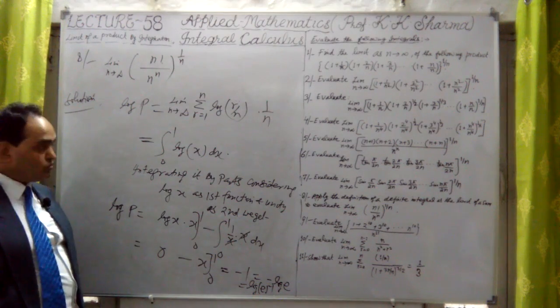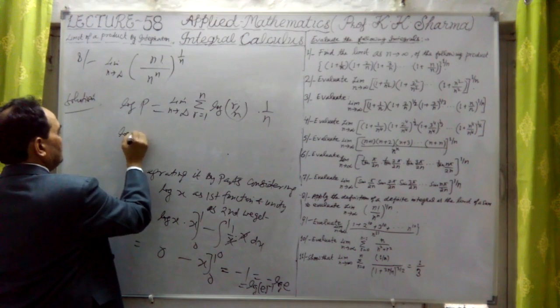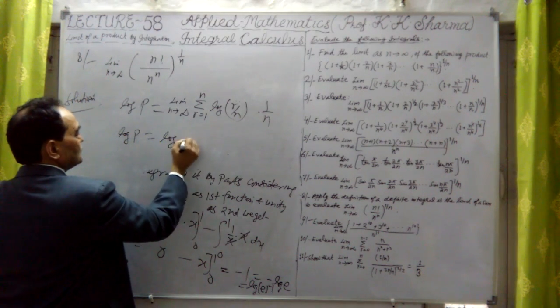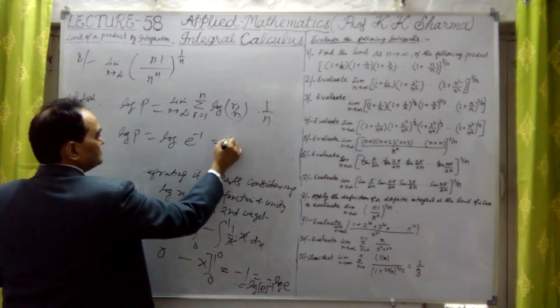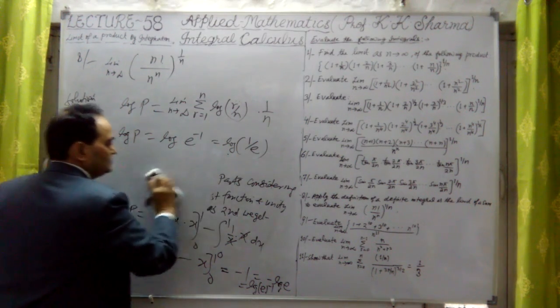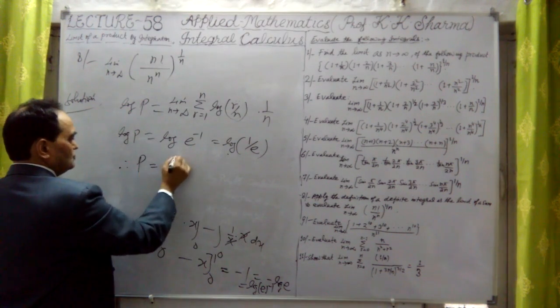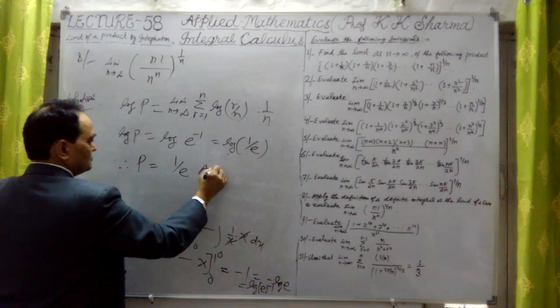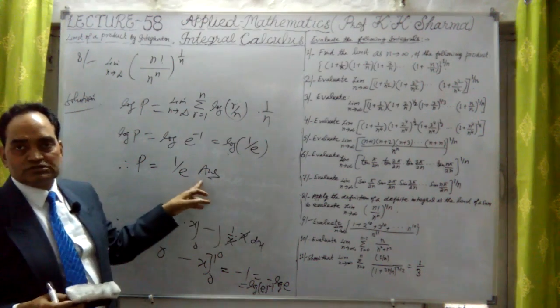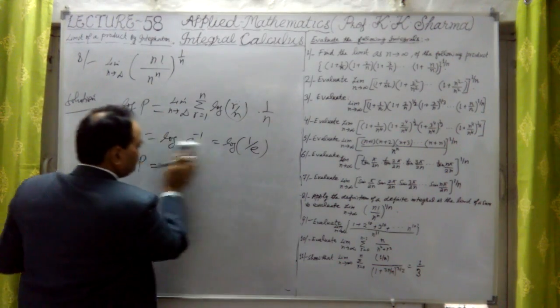So log P is equal to log of e raised to power minus 1, that means log of 1 upon e. That means P is equal to 1 upon e. Therefore, P is equal to 1 upon e. Finally, the answer to question number 8 is 1 upon e.